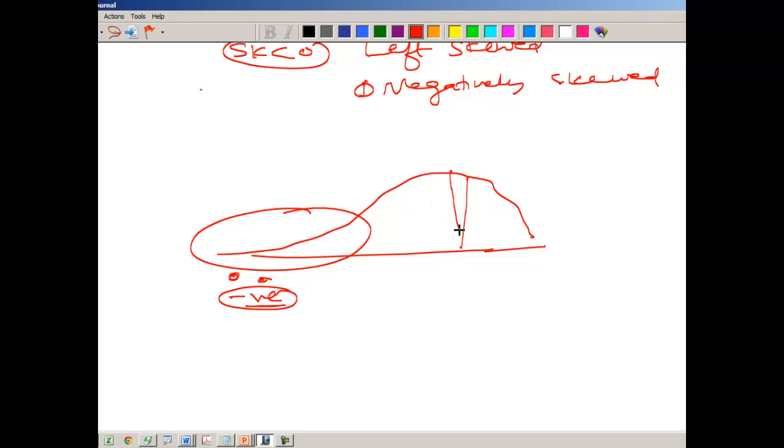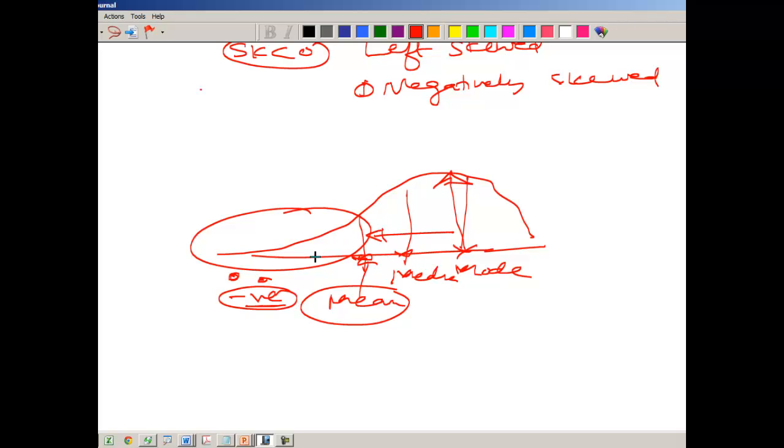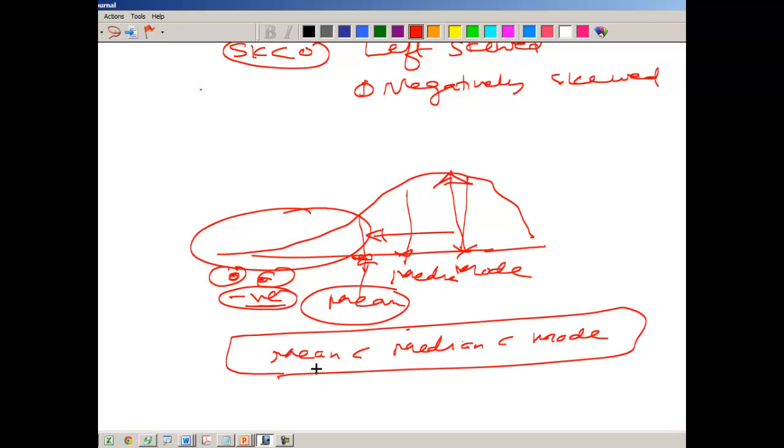This will be the median, and the mean will be somewhere around here. The mean is getting dragged to the left side, because there are lots of values away from the mean and their weightage is dragging the mean to the left. So in a negatively skewed distribution, the mean is less than the median, which is less than the mode.